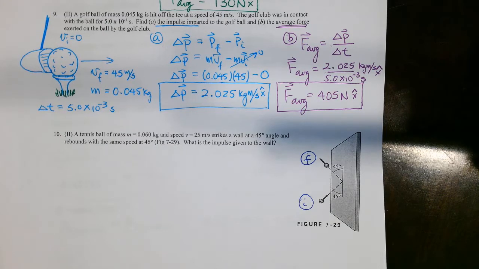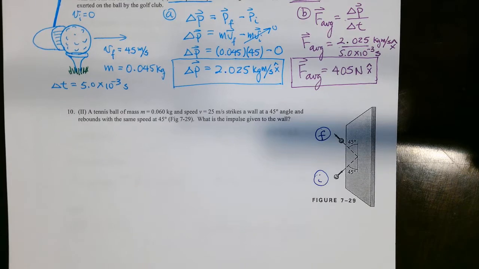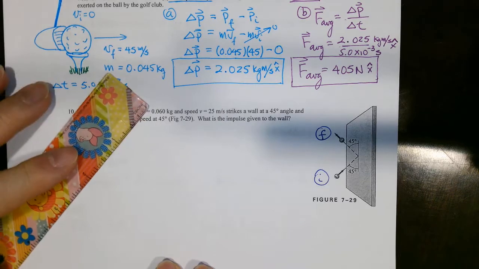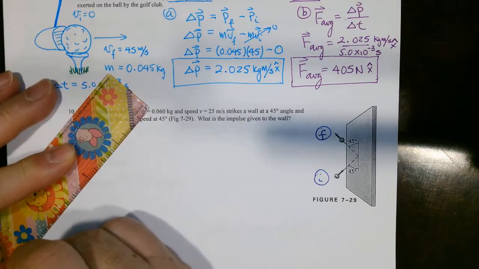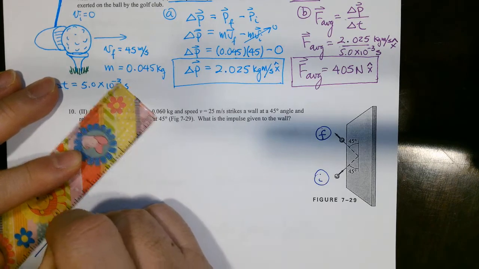Well, let's think about what's going on here and break these up into its components. Okay? So initially, right, I have this tennis ball going in at 25 meters per second. Okay? So here, it's initially going in at 25 meters per second.